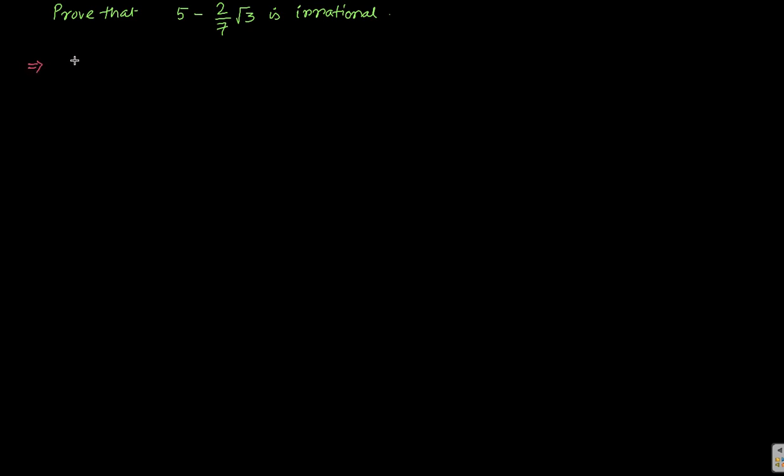Again the same format. Let us assume that 5 minus 2 by 7 root 3 is rational, and take a is equal to 5 minus 2 by 7 root 3.